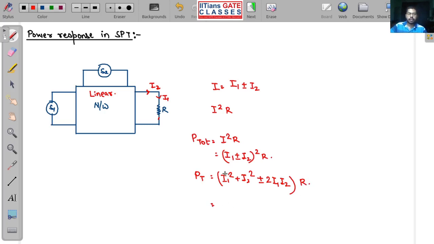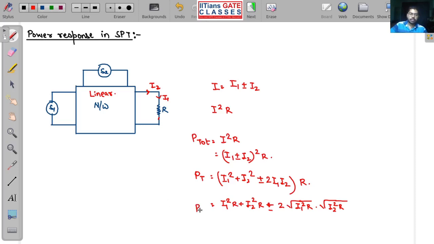See, this is I1 square R plus I2 square R plus minus 2 under root of I1 square R into I2 square R. Can't I write it like this? So this root R will be coming out. Okay, it is very simple.